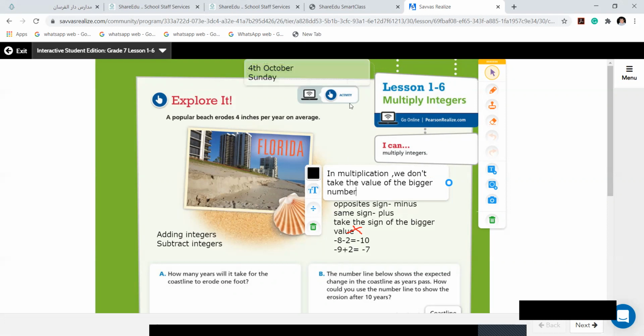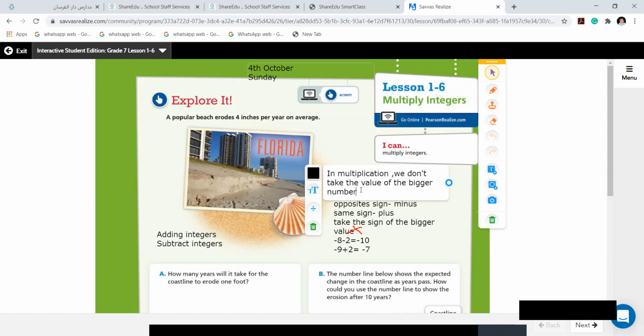Do you get this? This is very important, girls. I will teach you why I'm saying this. But at least write somewhere that in multiplication, we don't take the value of the bigger number.